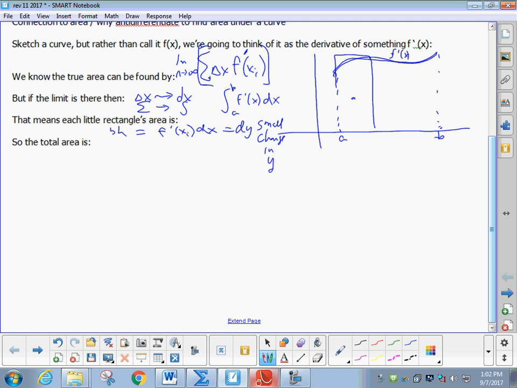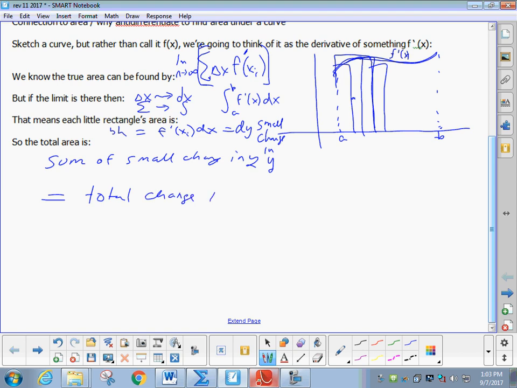So if I then add all those areas, I'm getting the sum of many small changes in y, which I suppose logically would say that means the total change in y. The original function that was before the derivative.